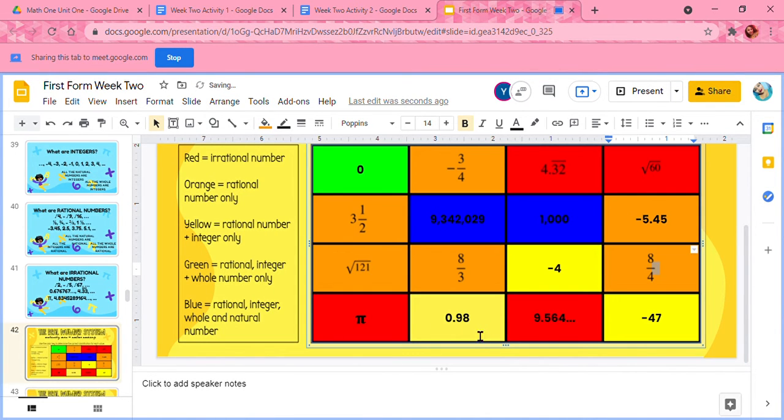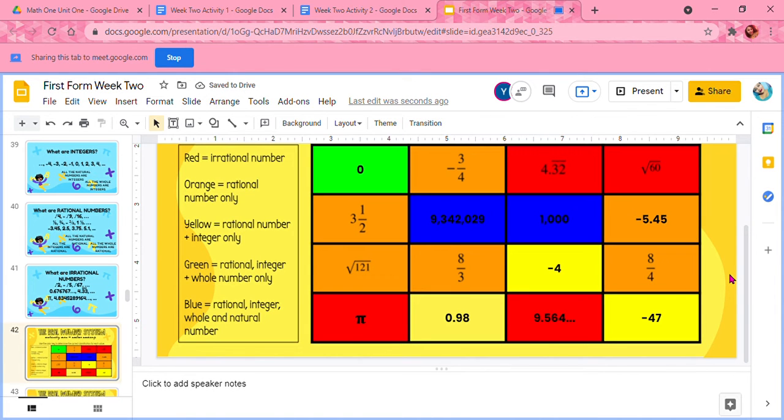And then 0.98. Where does 0.98 go? Not irrational. Does this decimal never end or does it end? It ends. It ends at 8. It's only 0.98.